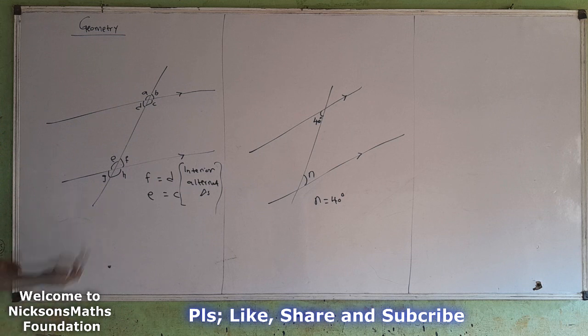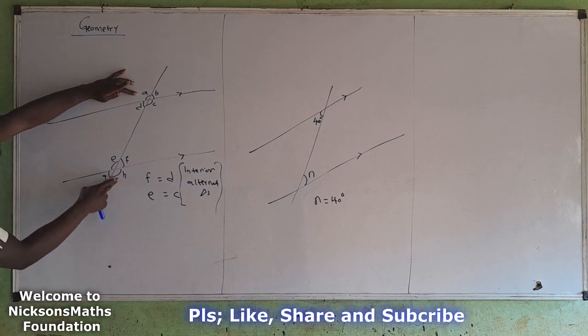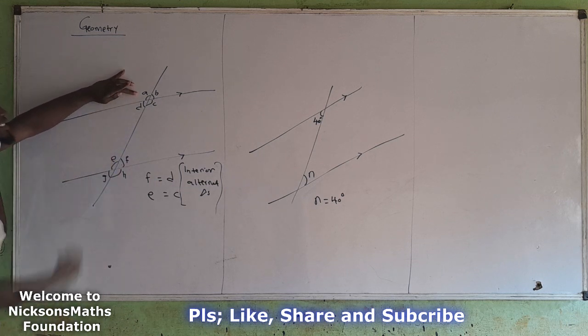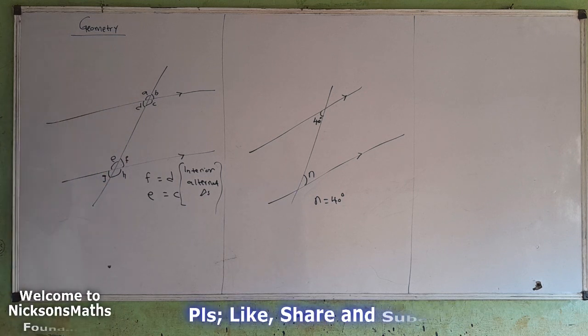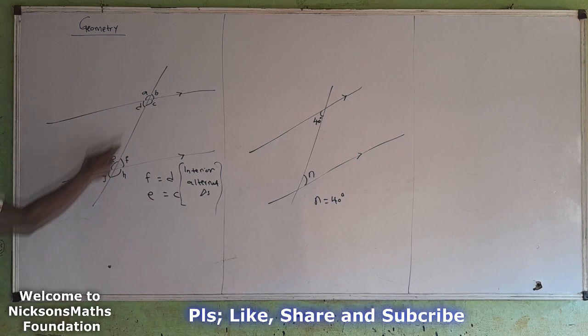Now if you also look at H and A, they are also alternating, right? But they are exterior alternate angles. This and this are exterior alternate angles.